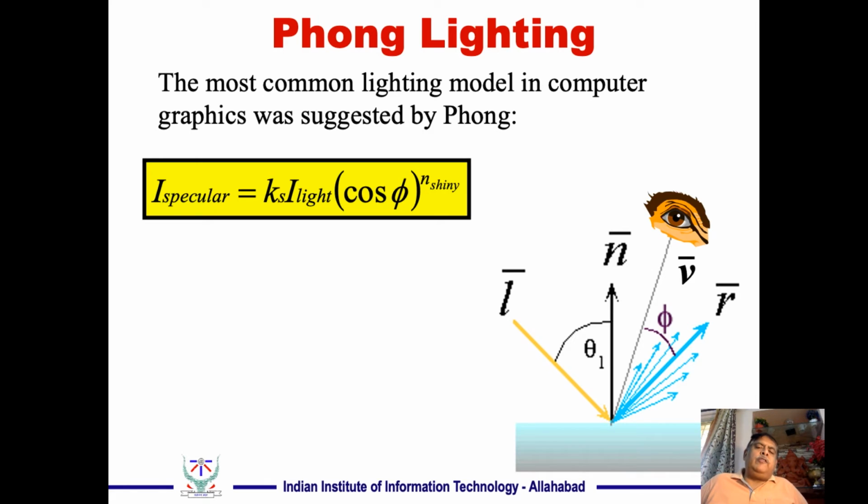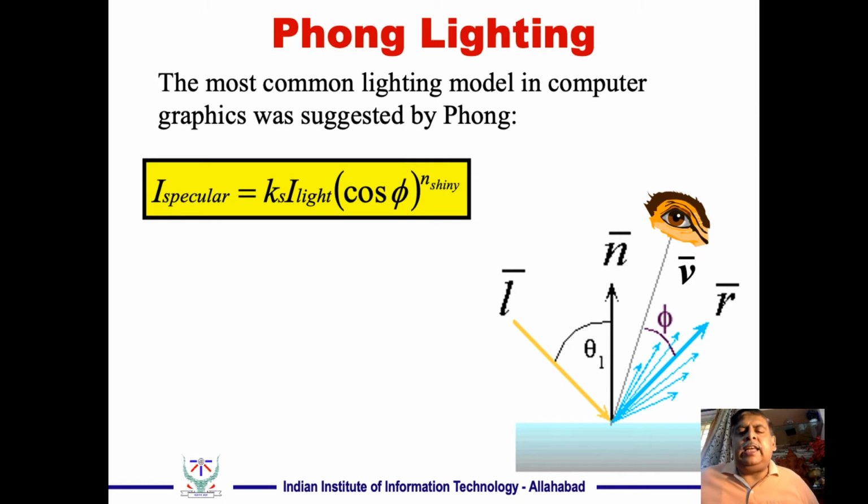So here you have the property of the material, Ks, times I light, times cos phi to the power Nshiny. Now what is cos phi? Phi is the angle between the reflected beam and the viewing direction.